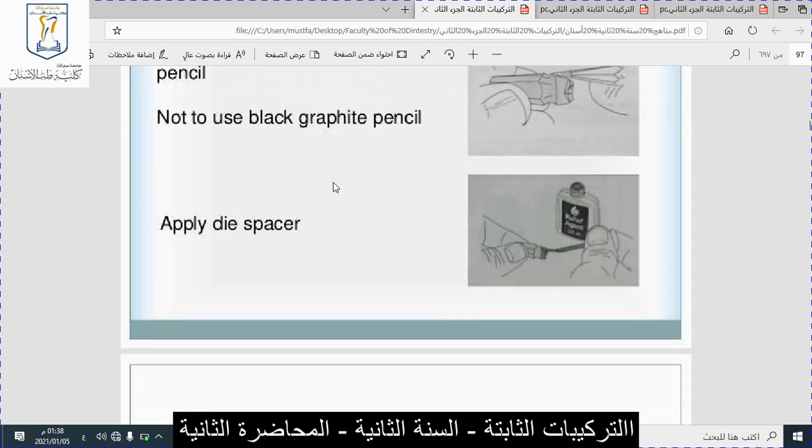This is what I told you; it comes up in cases of cast failure after finishing these topics. If there is more die spacer, there is more space and so more cement. Increasing the die spacer will make the restoration lose retention. How? The cement will break, causing distortion of the restoration and loss of retention.